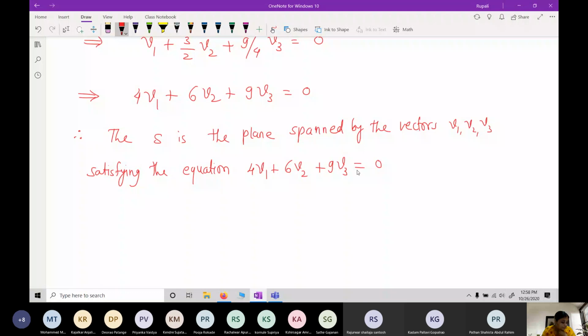Is that right? If I am having one equation and 3 variables, 2 I can take as arbitrary constants, and I can find the other as a linear combination of the remaining 2. So it will be a plane. Say v2 is some constant k1 and v3 is another constant k2. Then v1 can be written in terms of k1 and k2. Is that okay?